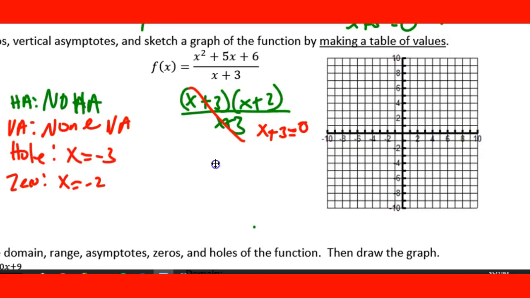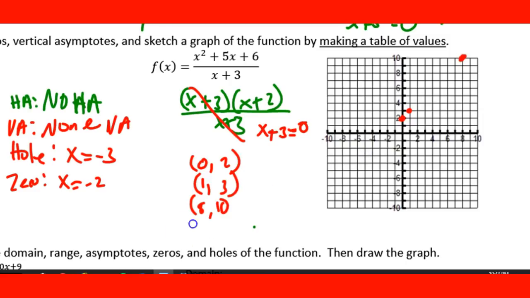So I'm just going to pick points. If I pick 0, I have 0, 2. If I plug in 1, I'll get 3. So 1, 3. If I plug in, let's say, 8, 8 plus 2 is 10, so 8, 10.